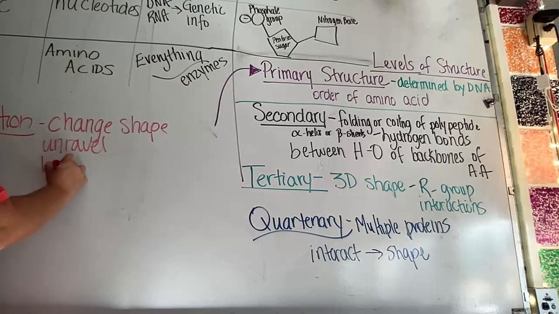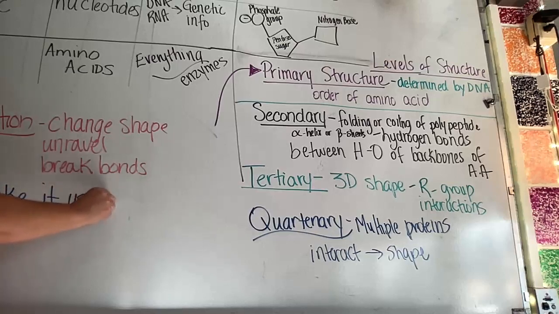Break bonds. If I denature a protein, what have I done to it? Anybody? It unravels. It changes its shape. When we denature a protein, we make it useless. It can't work anymore.